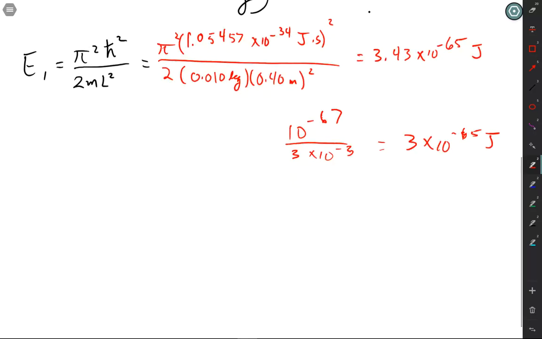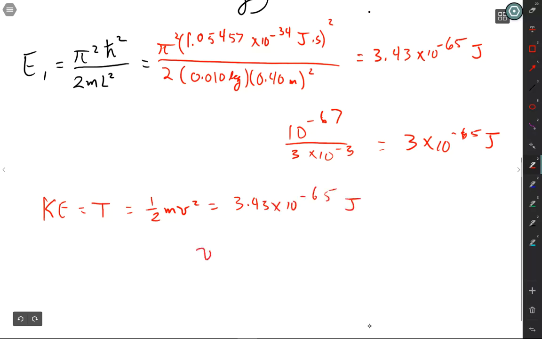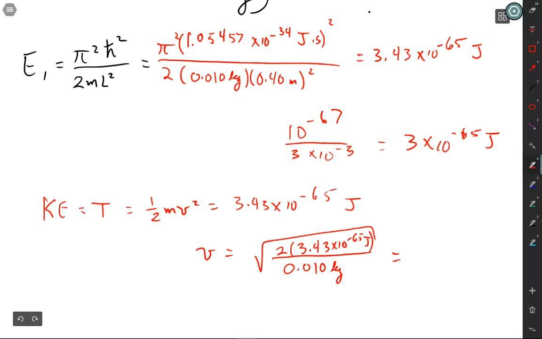So we can just say with this energy, if our kinetic energy, which our textbook uses T for the symbol, is equal to 1/2 mv squared, and that's equal to 3.43 times 10 to the minus 65 joules, then v is equal to the square root of 2 times 3.43 times 10 to the minus 65 joules divided by 0.010 kilograms. 6.43 times 10 to the minus 63, square root of that. 8.28 times 10 to the negative 32.